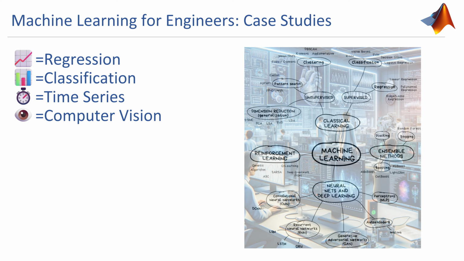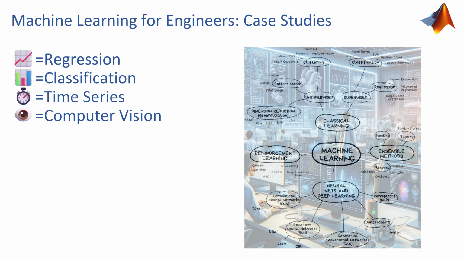We have 18 case studies in this course. There are case studies focused on regression, classification, time series, and computer vision. But if you look at the overall map of machine learning, you have so many others as well: clustering, unsupervised learning, classification, supervised learning, ensemble methods, reinforcement learning.